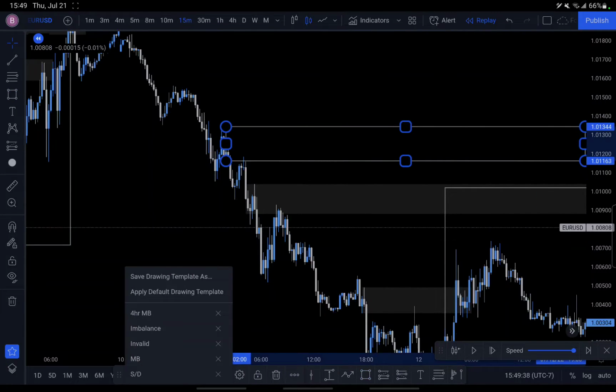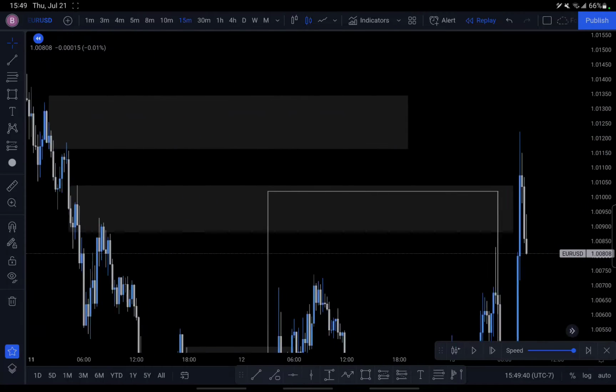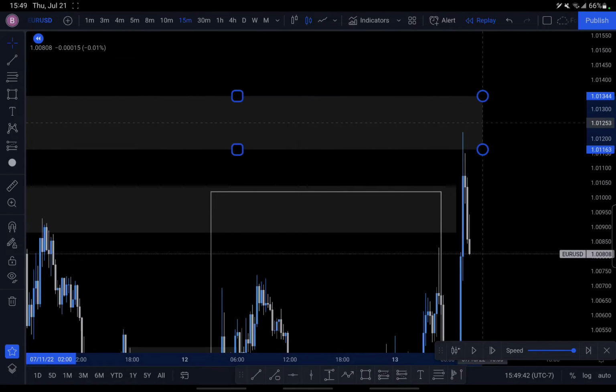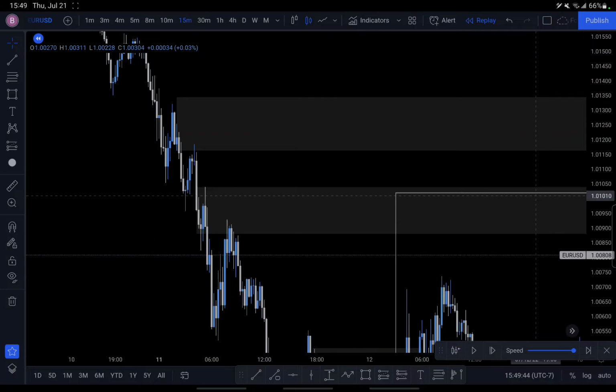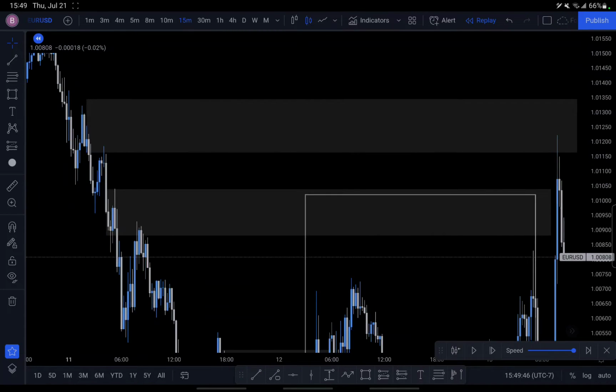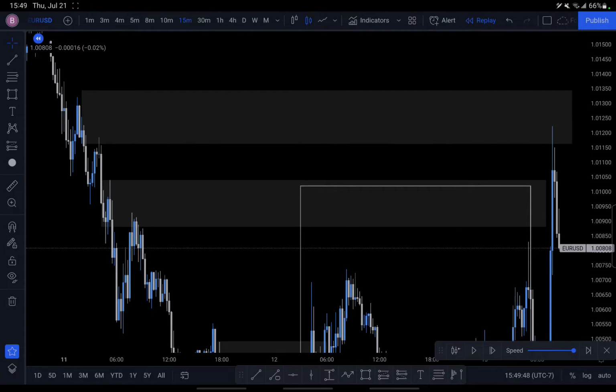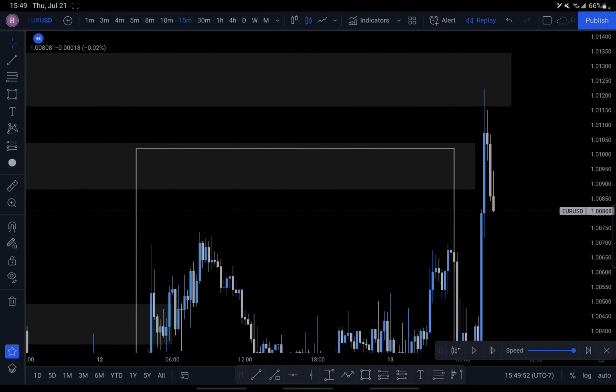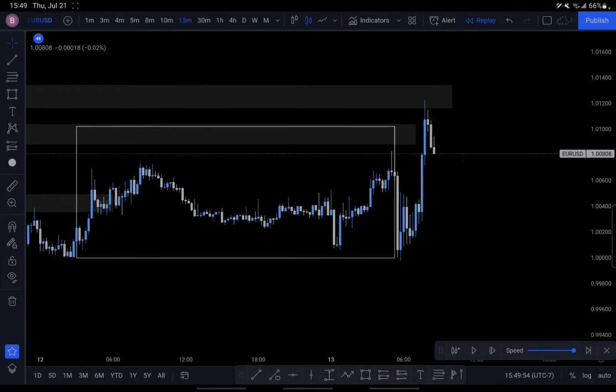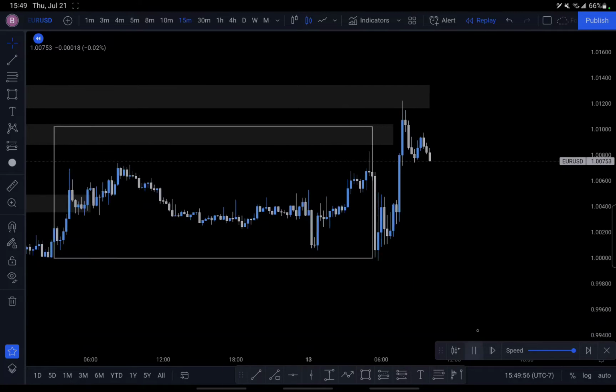Okay, let's change that to a supply zone. And that is the zone that price came and tested. Okay. So price tested there, and then looks like it started breaking down again.